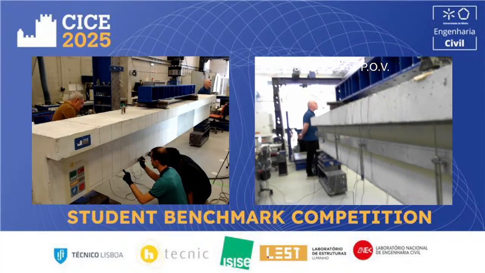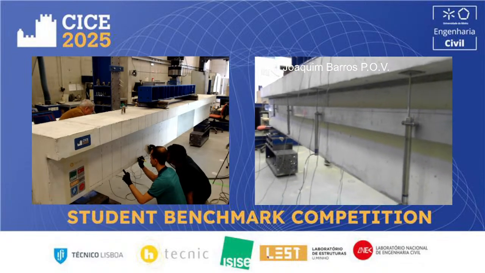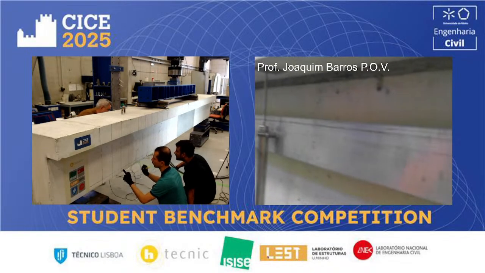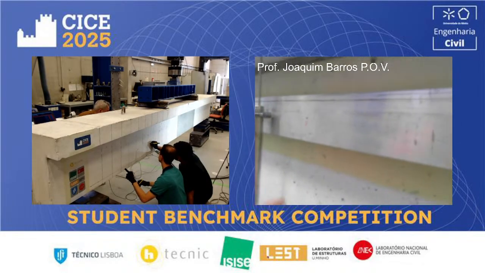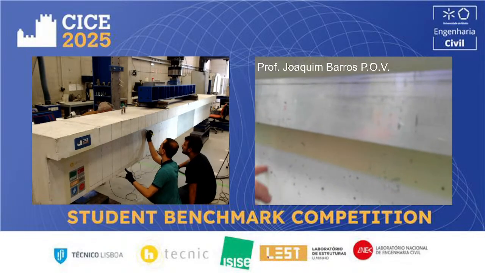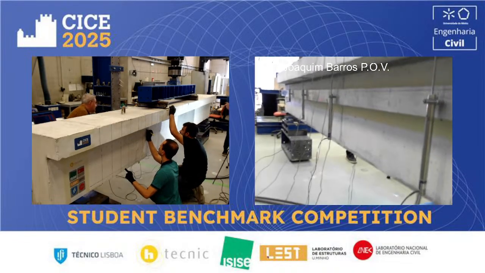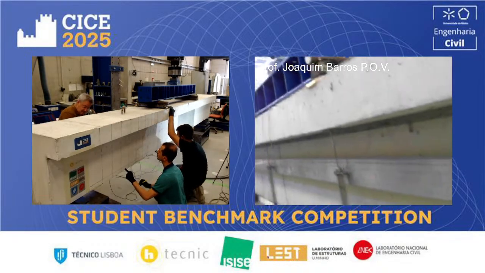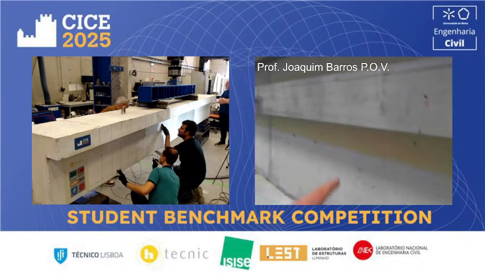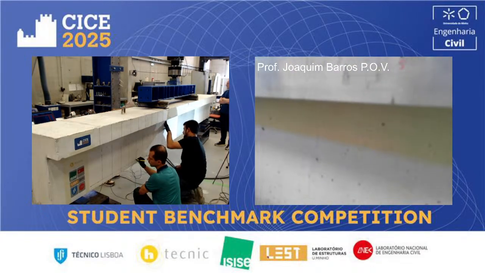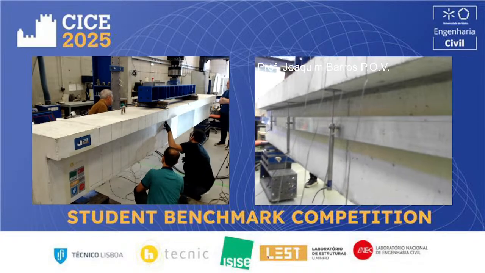Here it's more difficult to detect the cracks, but now we have a crack in the shear span, a flexural crack in the loaded section, and then another flexural crack. So this is the distance between the cracks.